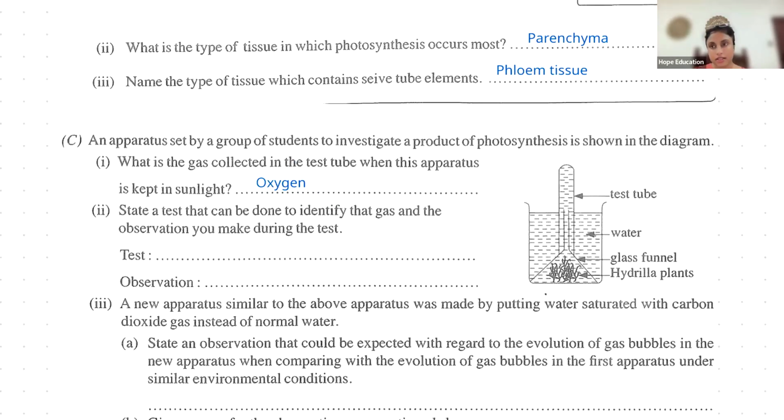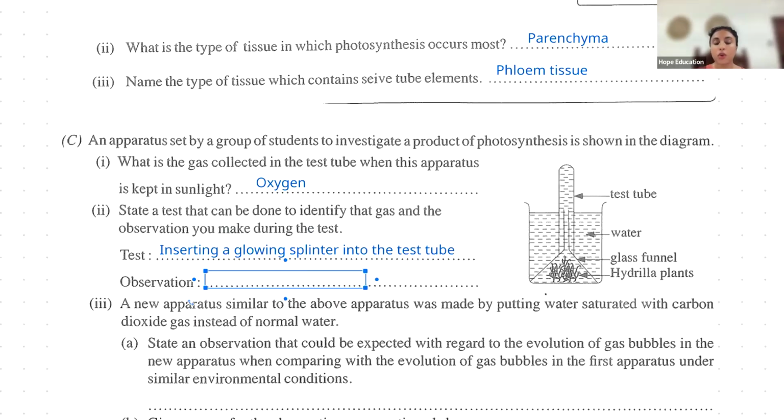Something we discussed a little while ago, right? There is a separate place to write the observation. The test is inserting a glowing splinter into the test tube. What is the observation? It relights or reignites with a flame.